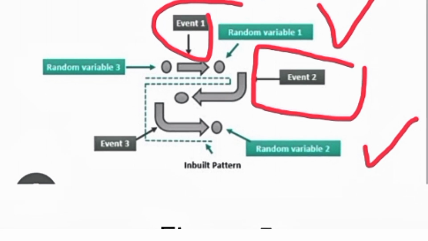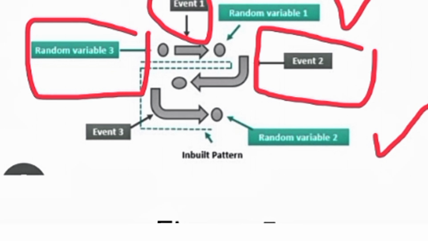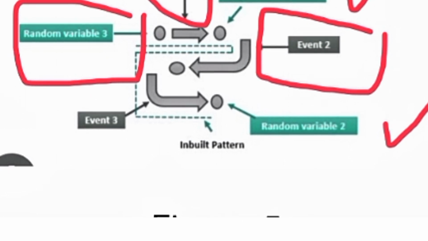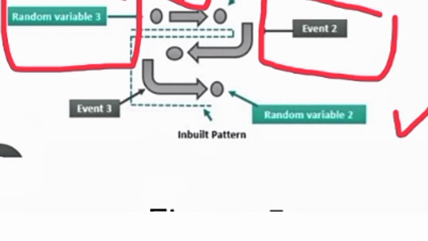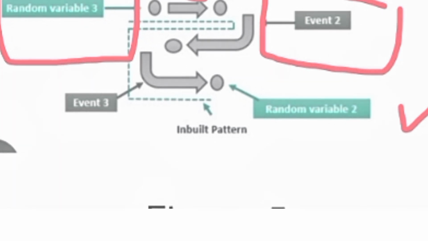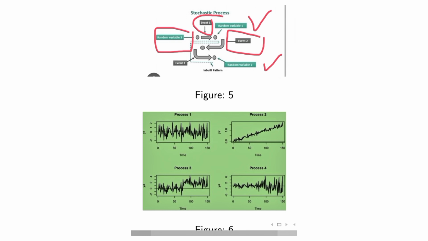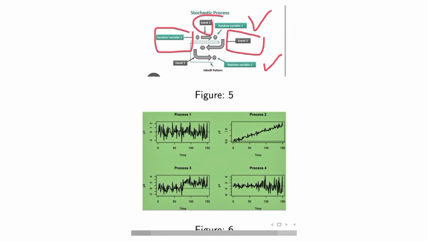You also have your random variable 3 for event number 3. So you can see the process is very random, and this is what we mean by a stochastic process. To understand the true definition, you have to understand some terms I will define later. So in the Martingale strategy experiment, I will make sure I define everything clearly.